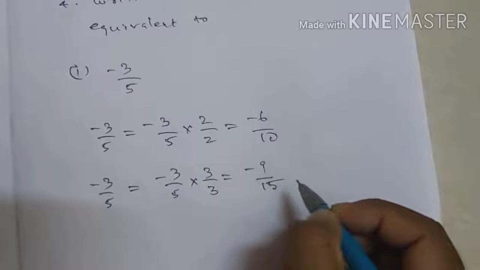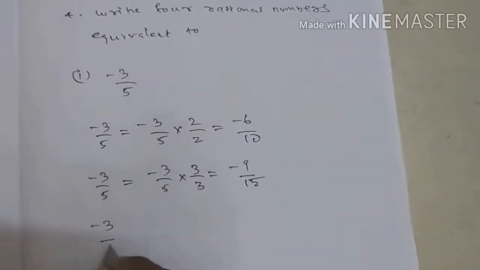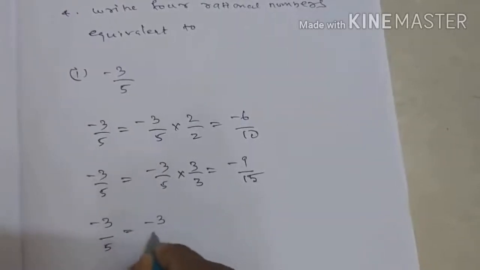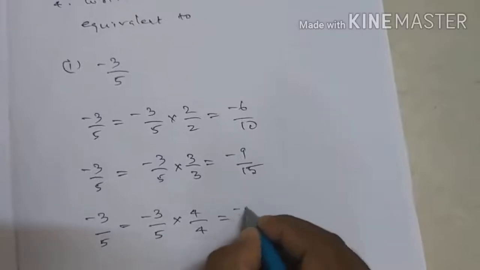Next, you multiply by 4. The numerator and denominator are multiplied by the same number, 4. So -3 times 4 is -12, and 5 fours are 20.